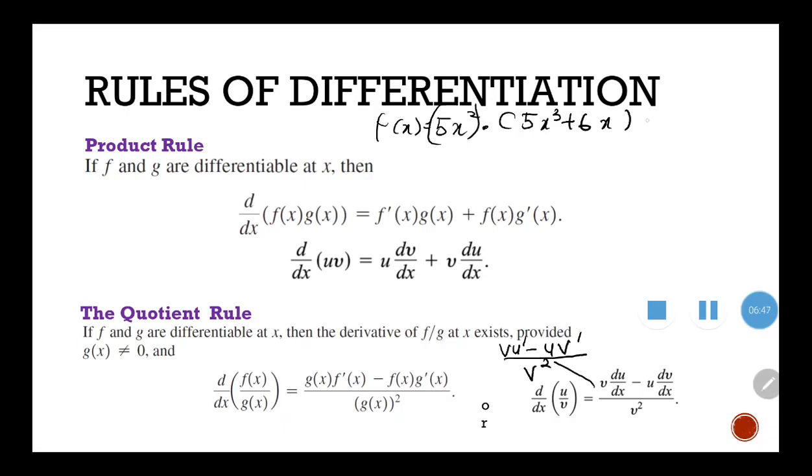When we want to find the derivative for this kind of equation, when two expressions are multiplied together. But for quotient rule, you use it only when there is a division or pecahan. So this can also be written as uv prime plus vu prime. Okay, I hope that is settled.